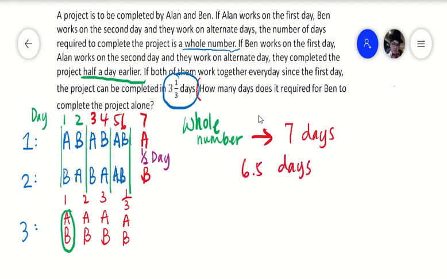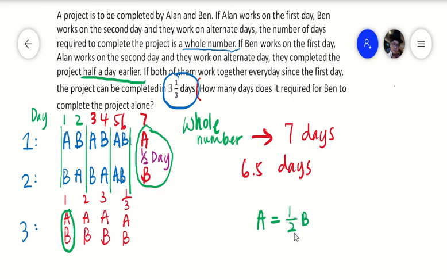Now, however, the question wants us to find out, if Ben works alone, how many days does it require to complete the project? Okay, so from here, we know that the work done for A in 1 day is actually half of B. A takes 1 day to complete the project, but B takes half a day to complete the project.